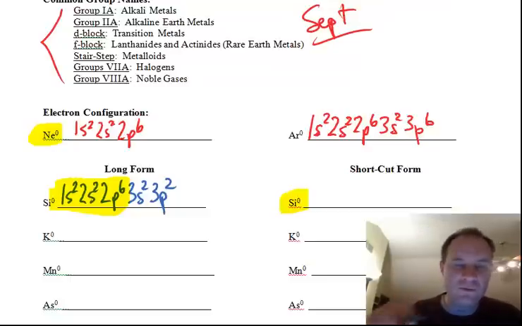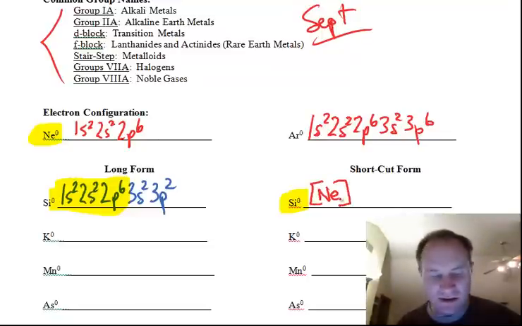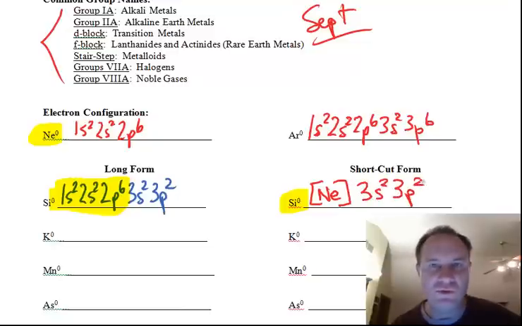So what we do is, for the shortcut form, I'm going to say silicon would be known as neon's electrons, and then add 3s2, 3p2 for the final answer.